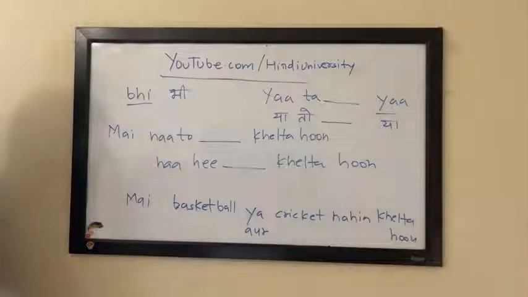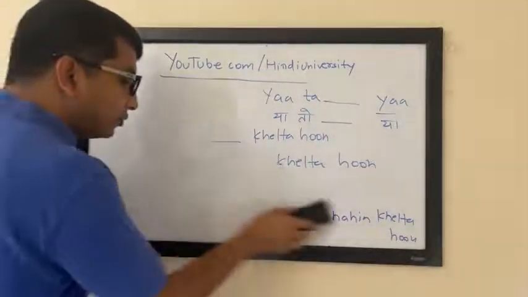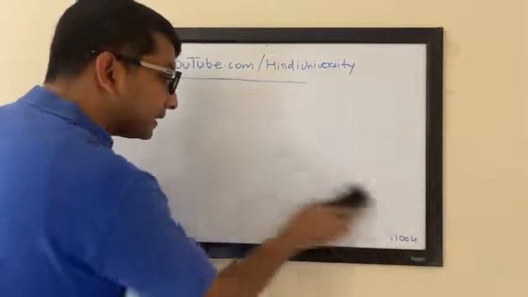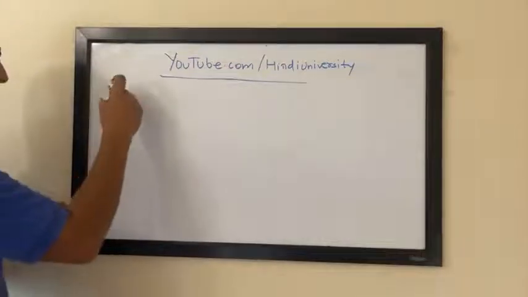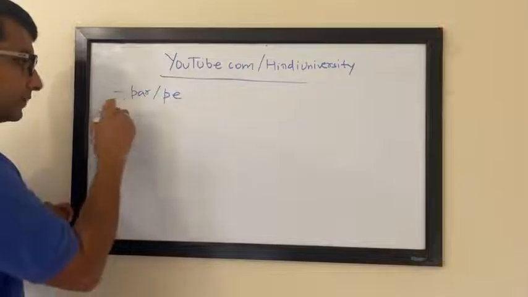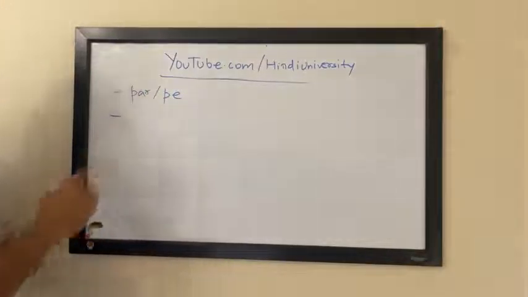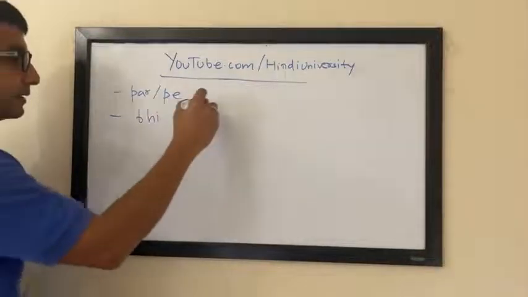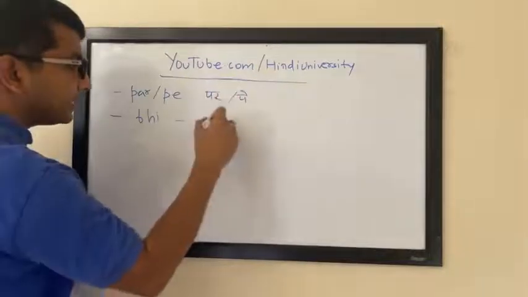Okay, I'll get going, but again, just to bring you back together, we practiced two different postpositions independently. That was the summary. We practiced using per or pay in simple use cases, and then we practiced use of be.